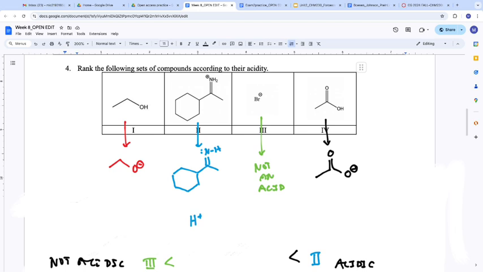What is the atom holding the charge in 1? It's oxygen. What is the atom holding the charge in 4? Oxygen. Do they have different sizes? No, but there's 2 oxygens. That's true, there are 2 oxygens, but when we're looking at stability, we don't look at the extraneous things, we look at the primary focus.